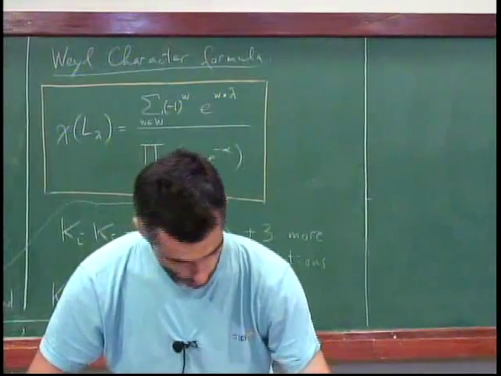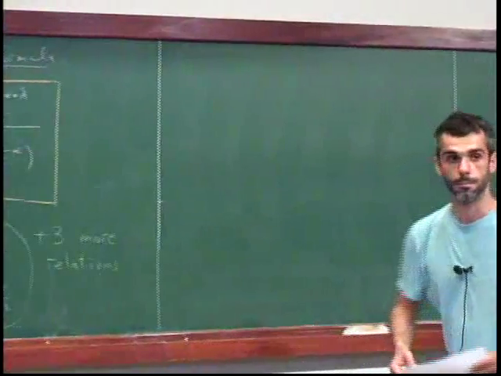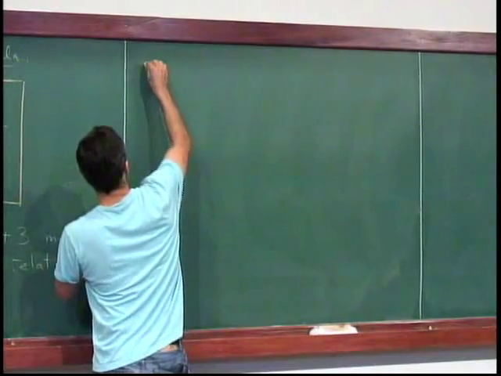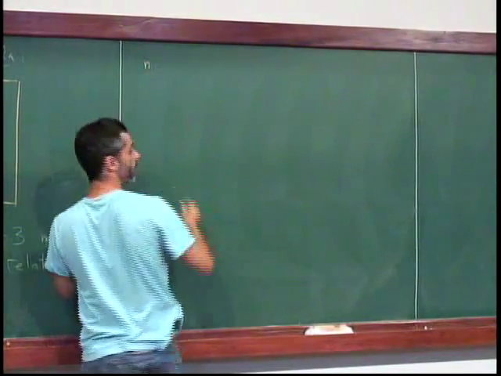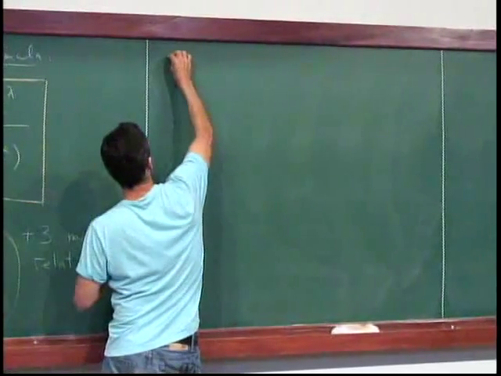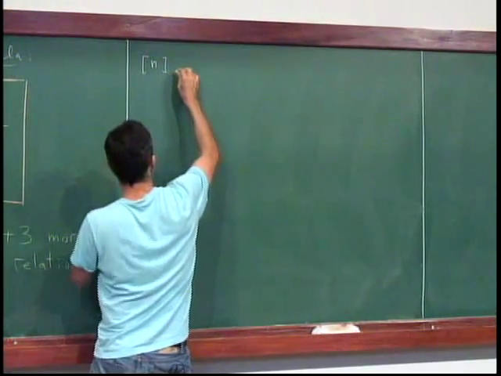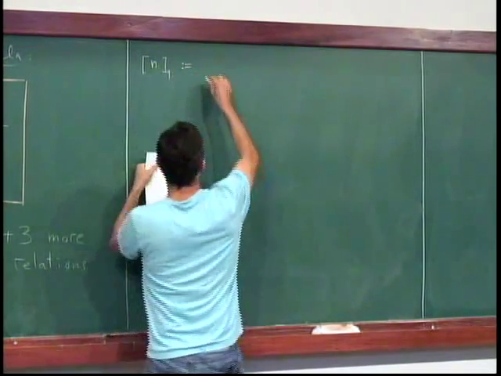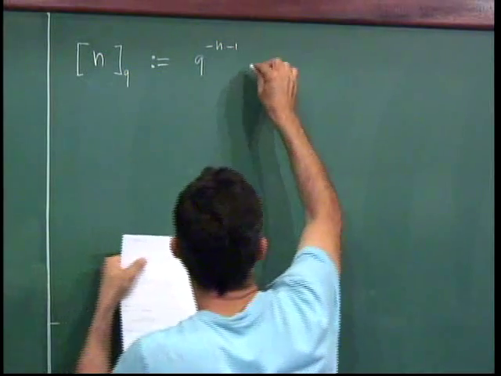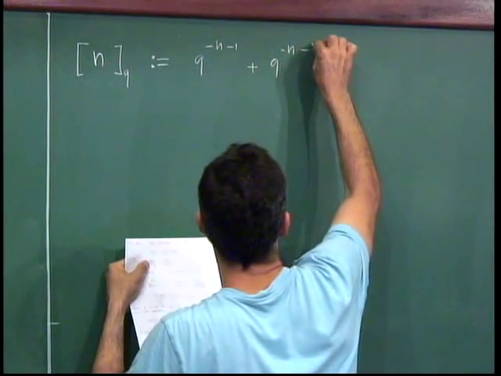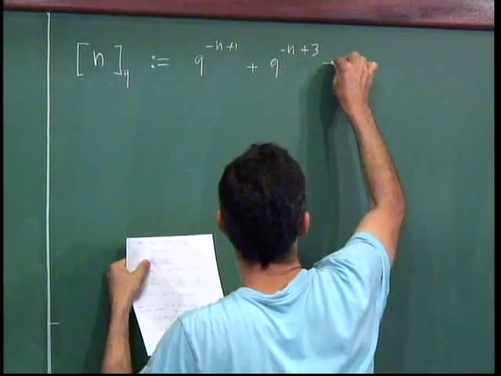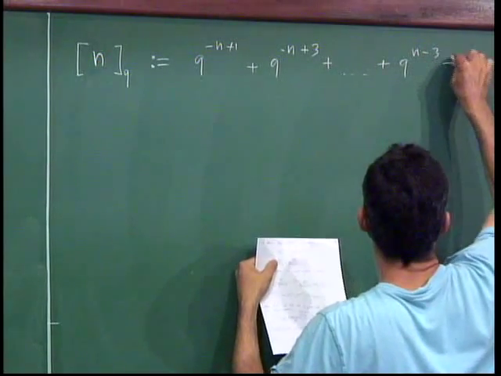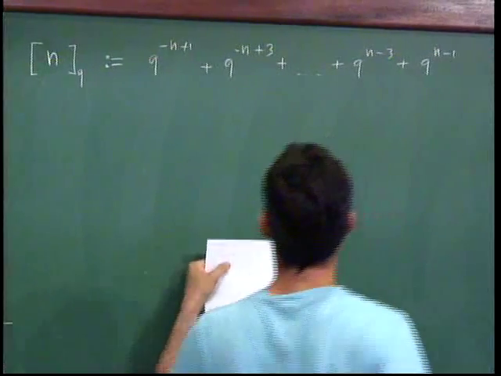Okay, so I'm going to give some unmotivated definitions. So if n is a natural number, then I define square brackets n sub q to be q to the minus n minus 1 plus q to the minus n plus 3 plus and so on plus q to the n minus 3 plus q to the n minus 1.